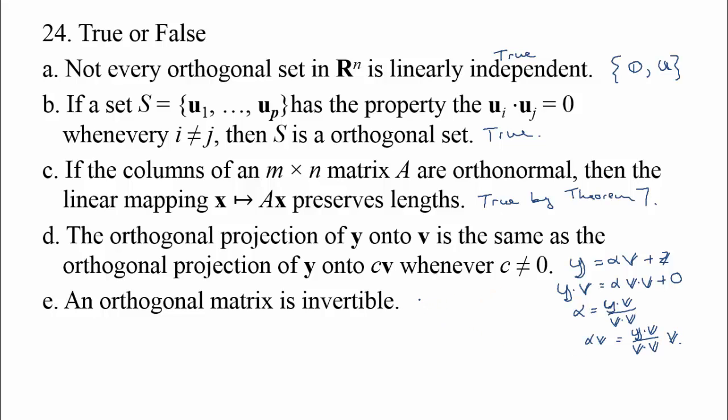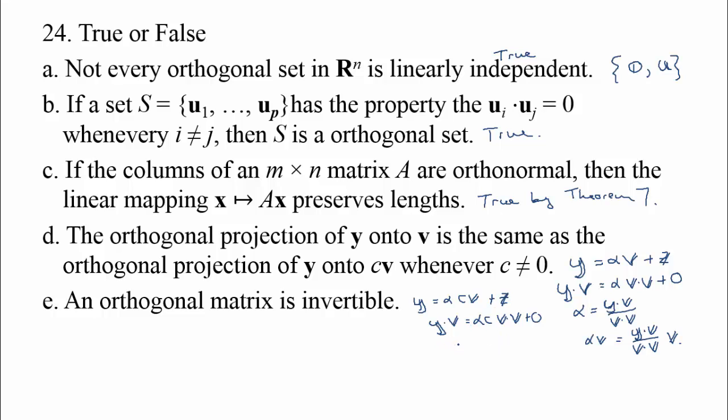Now if we take y and we assume that we project it onto some scalar multiple of v, and we could dot this with v as well, and we would get y dot v equals alpha cv dot v plus 0, because z is assumed to be orthogonal to cv, and therefore orthogonal to v because they're scalar multiples of each other.